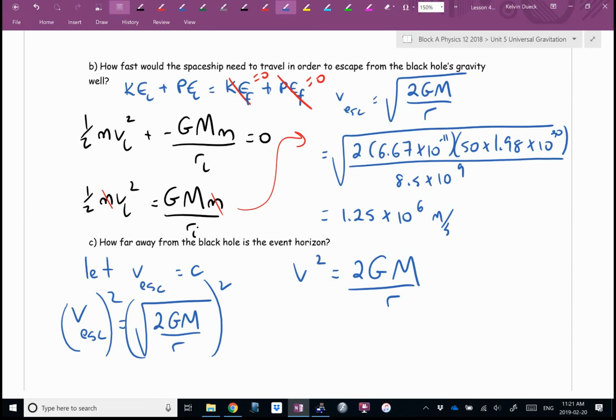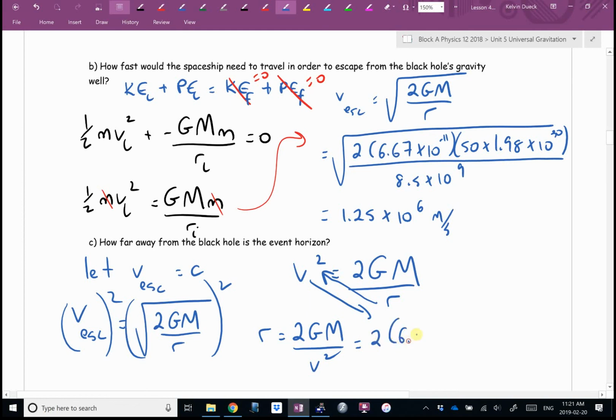Where is the R right now? Oh, wait a minute. Let's multiply it to there and divide the V squared there. And we're going to get R equals 2 big G big M over V squared. This will tell you where the black hole's event horizon is. It's also called its Schwarzschild radius.